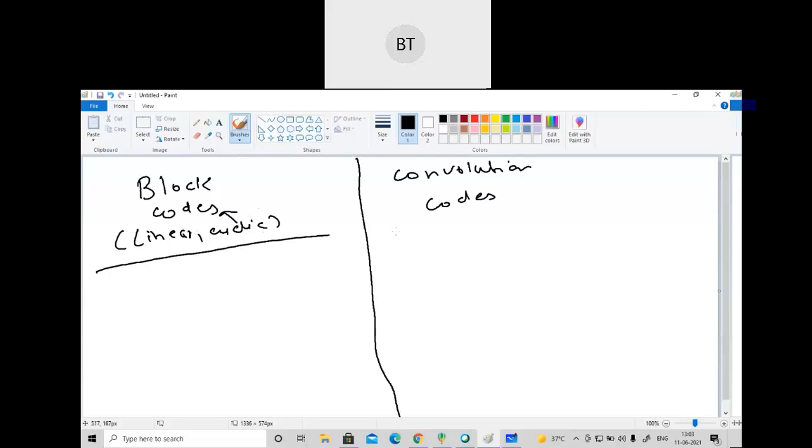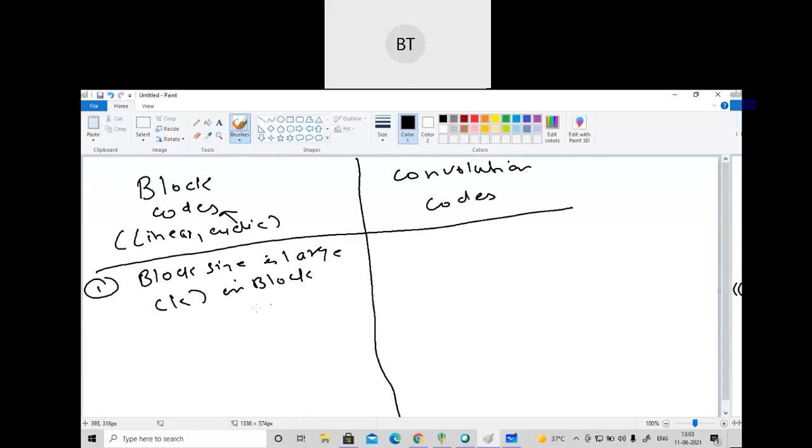Linear block codes and cyclic code, and convolution codes are different. The first difference we can see: in block codes, the block size is large. It means that k was large. So k is the block size, which was large. Why was it large? Sometimes we are dealing with the (6,3), that was n comma k, so k was 3. Sometimes we are dealing with the (7,4), so here k was 4.